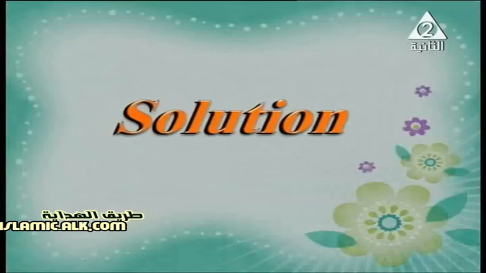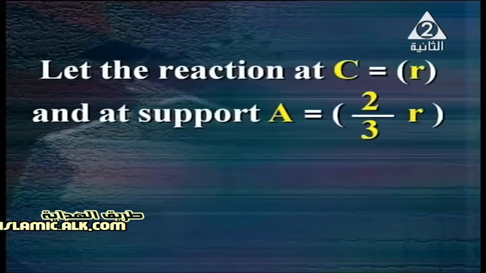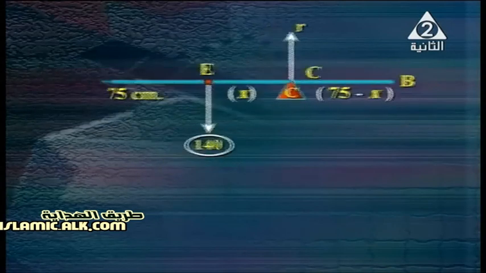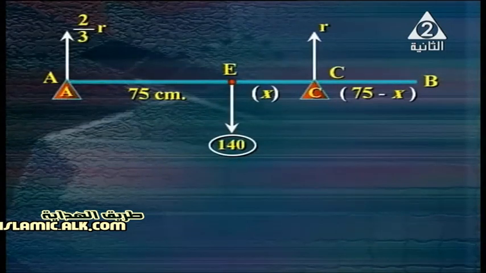Solution. Dear student, let the reaction at C equal R, then the reaction at support A equals 2/3 R. Suppose EC equals X centimeter. Look at the opposite figure. AB equals 150 centimeter or 1.5 meter.